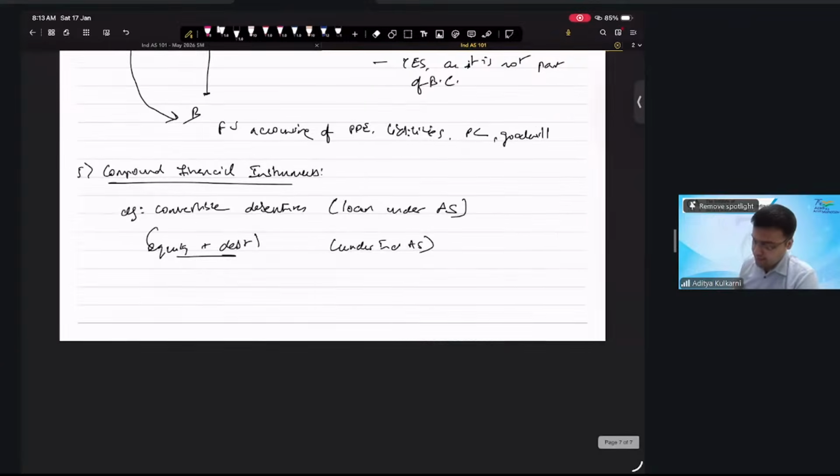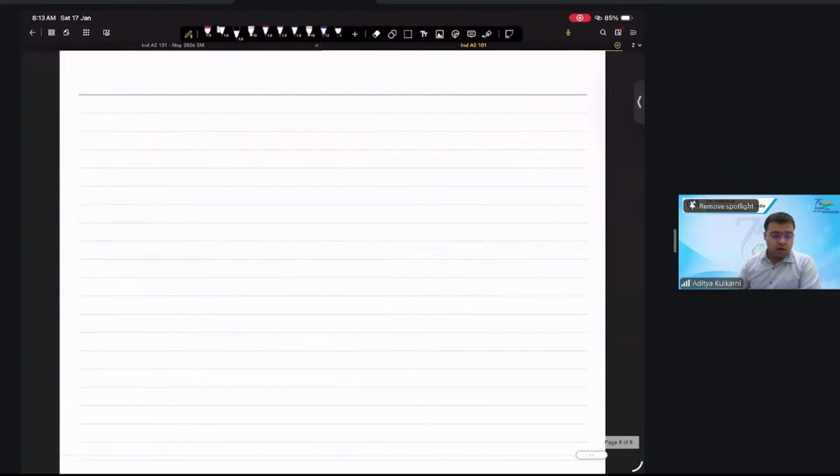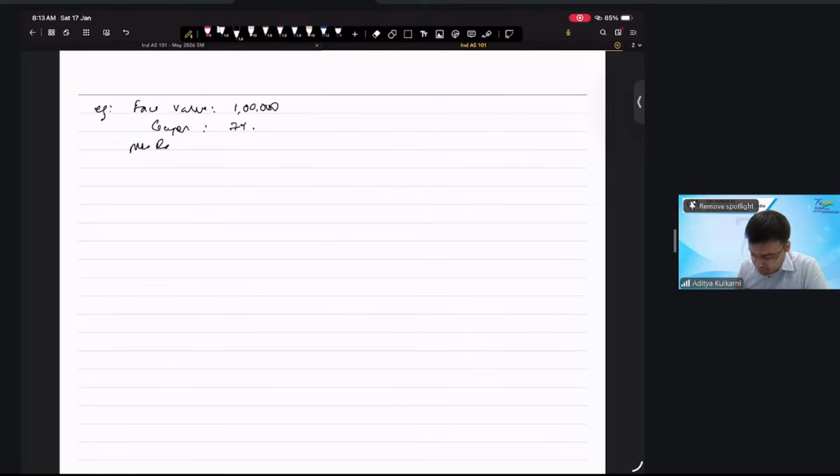Okay, so let us take an example. Face value 1 lakh, 7%. Market rate of non-convertible bond 10%.